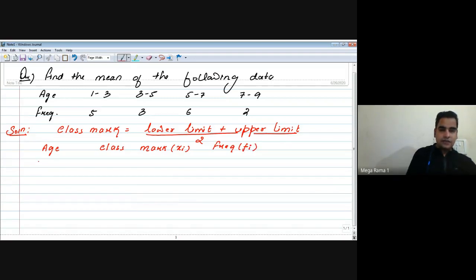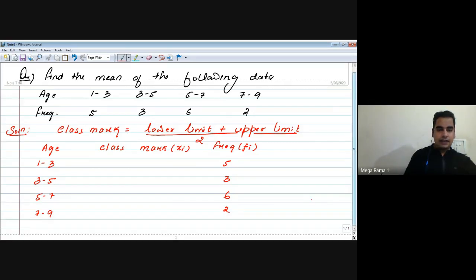So age we have 1 to 3, corresponding to which the frequency is 5. Corresponding to age 3 to 5, the frequency is 3. Corresponding to age 5 to 7, we have 6 as the frequency. And the last, corresponding to 7 to 9, we have 2.